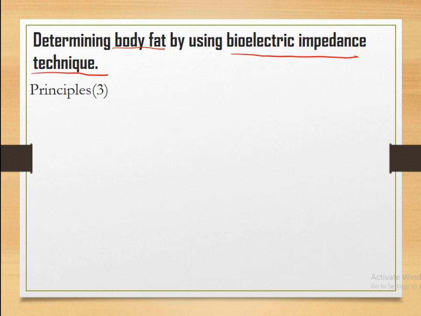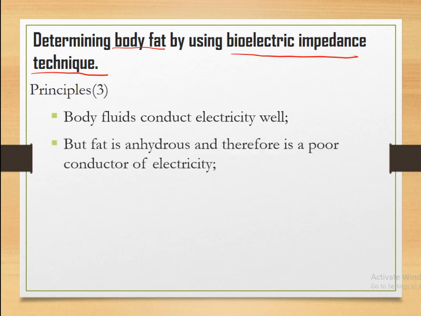There are three principles that we are supposed to follow when we consider measuring the body fats. The first principle is that body fluids conduct electricity well. The next principle is that fat is anhydrous and therefore is a poor conductor of electricity.